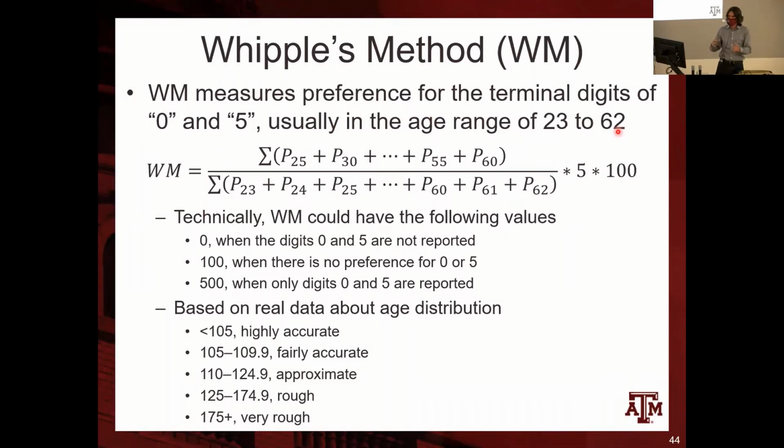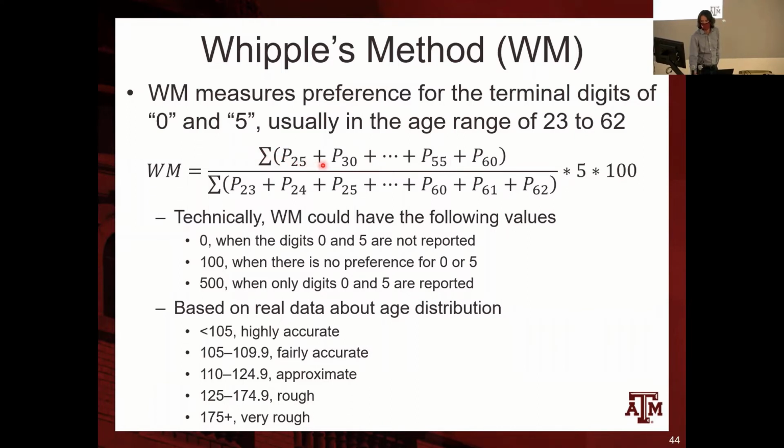And how do you calculate this index? In the denominator, you just add everybody, all the population that reported being 23 years old, 24, 25, until 62 years of age. You just add everybody there in the denominator. In the numerator, you add all the people that reported being exactly on ages ending in 5 and 0.